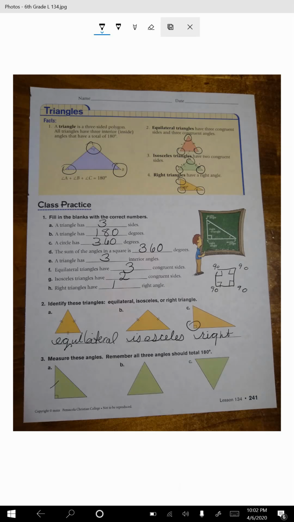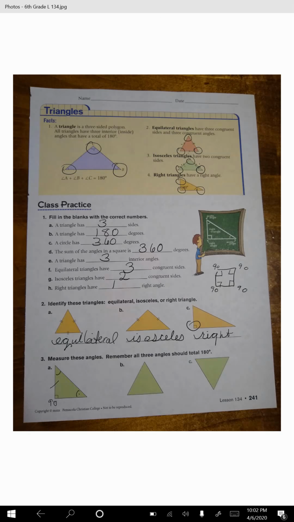Okay? Measure these angles. Remember, all 3 angles should have a total of 180 degrees. So this one I'm not going to be able to do with you. The only one I can tell you for sure is that this one would be 90. I can pretty much guess. You can measure these, but I'm pretty sure these two are going to be in a right angle.